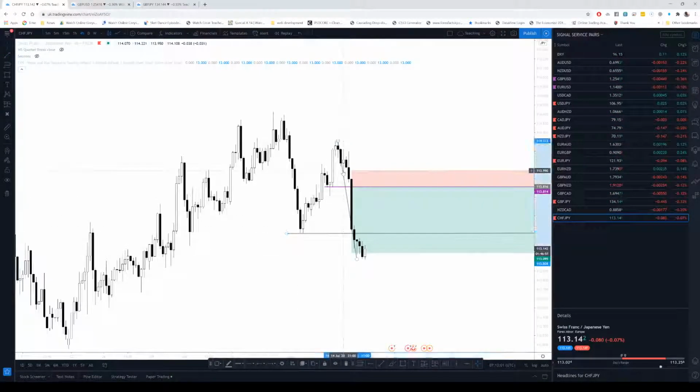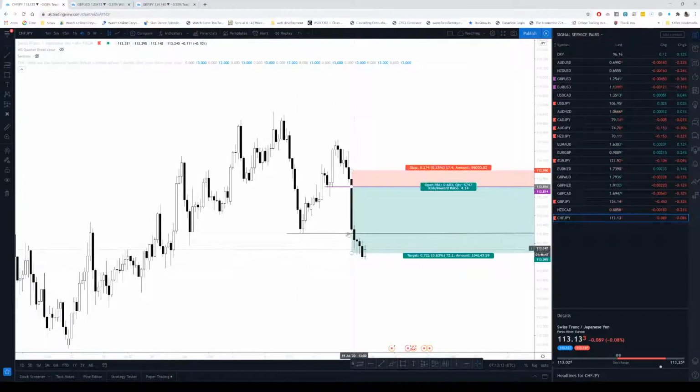But because price was going up and I'm not confident in taking this on the upside, if we've truly turned the corner and it's going to make a lower low, it needs to break this low.